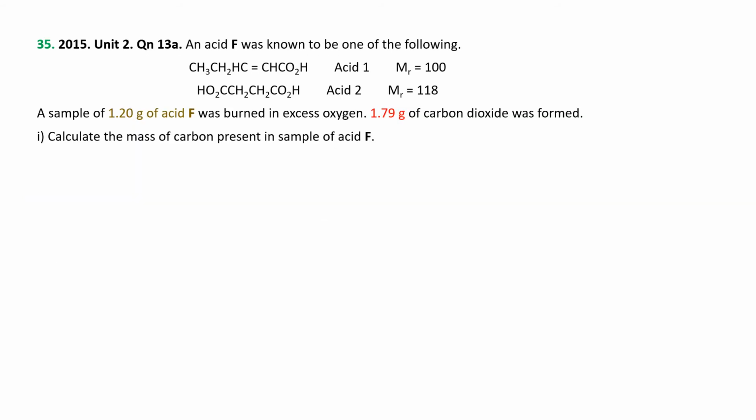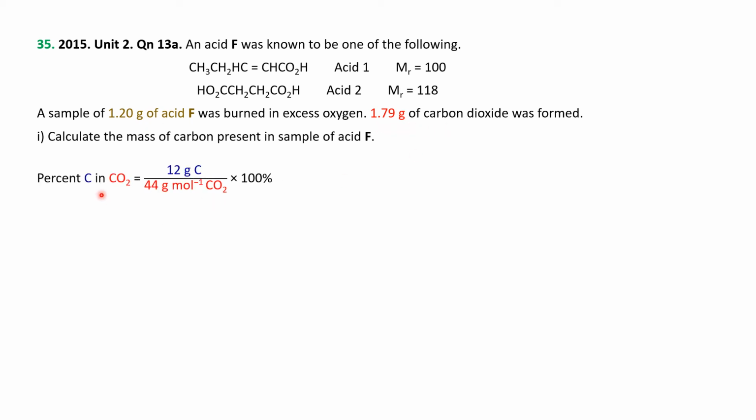So finally, in this section, a combustion analysis problem in which they kind of take you through things. A sample of 1.2 grams of acid F was burned in excess oxygen, F of course being one of these two acids. 1.79 grams carbon dioxide was formed. Calculate the mass of carbon present in F, and the idea is that all the carbon that is in F gets turned into carbon dioxide.